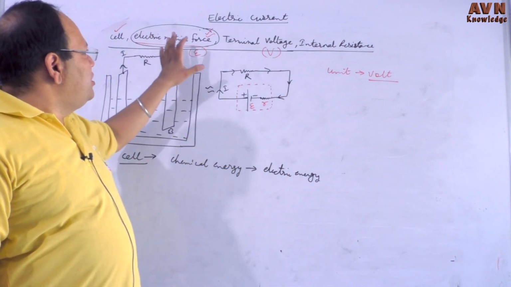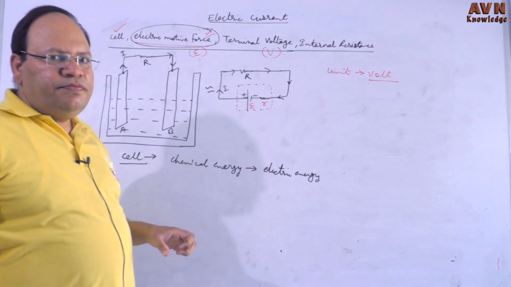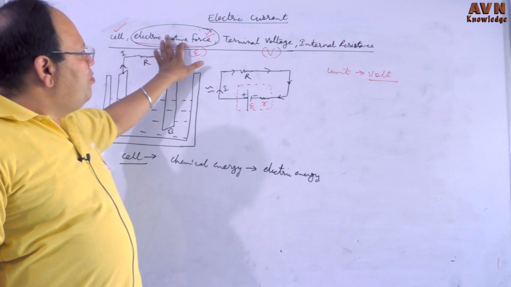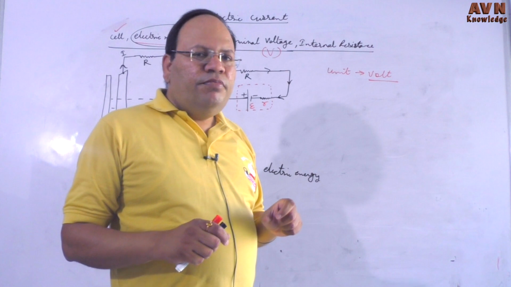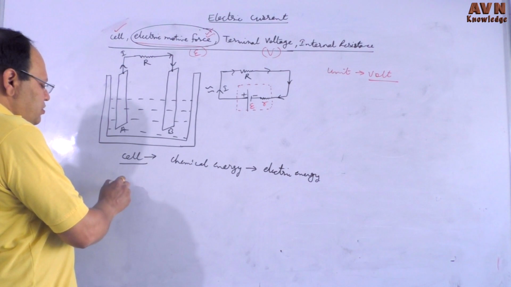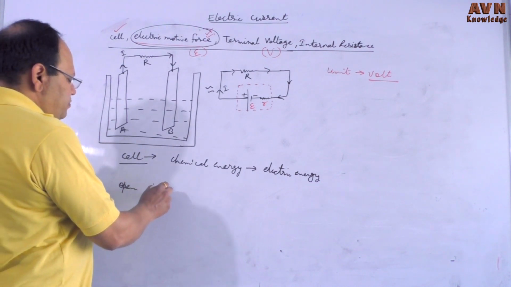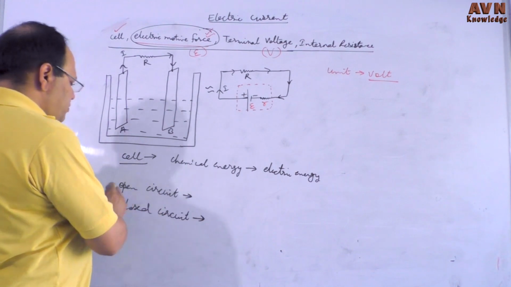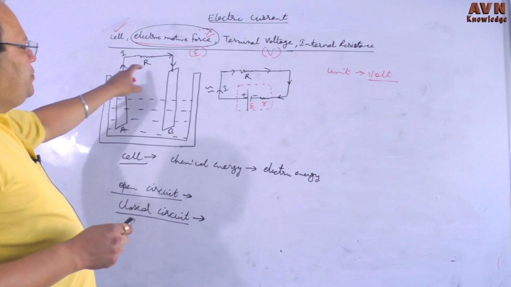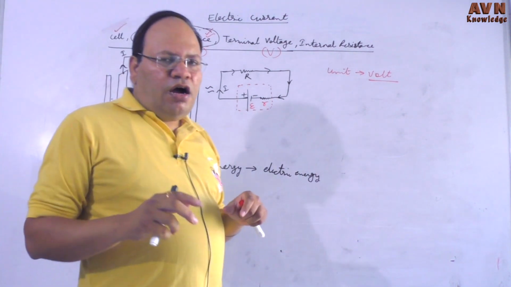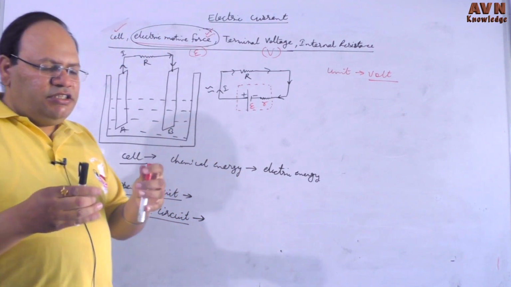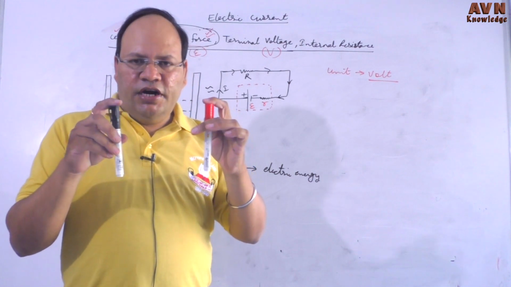What is the basic definition of electric motive force? It is used in open or closed circuit. What is the open circuit and what is the closed circuit? This battery has terminals T1 and T2.